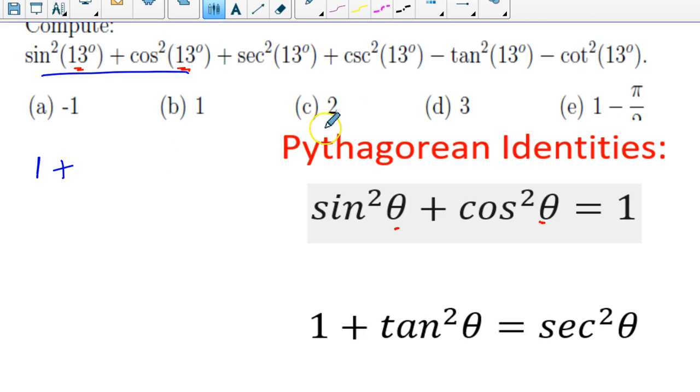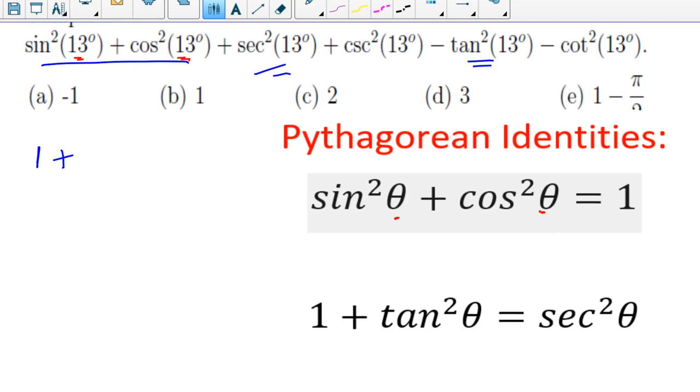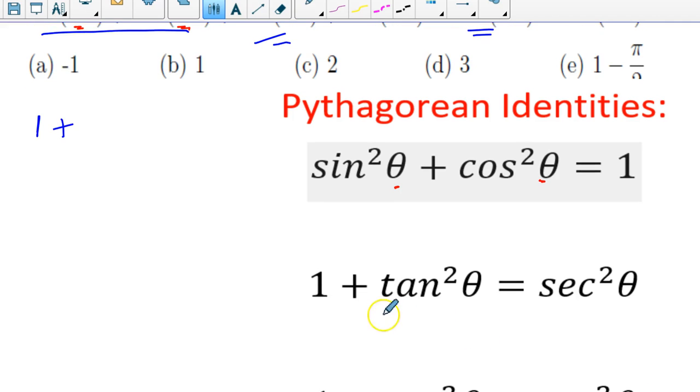Plus, here I have secant square minus tan square theta. Like here, 1 plus tan square theta is equal to secant square. Hence, if I remove this tangent from the left hand side and take it to the right hand side, what happens?